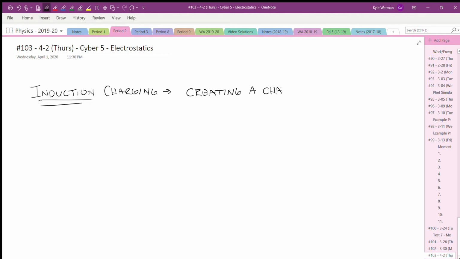and that's just a movement of the electrons. That charge separation is sometimes known as a polarization. As you saw in some of the graphics, you see those electrons go to one side of the material.